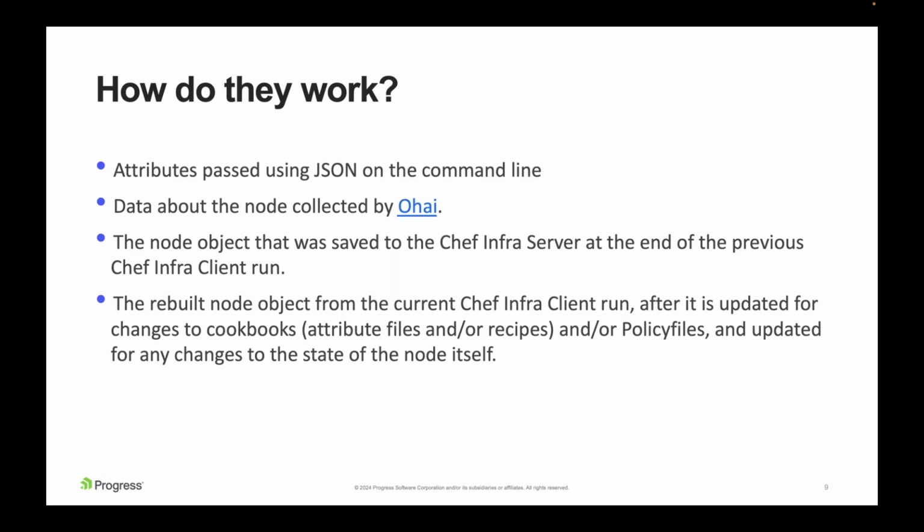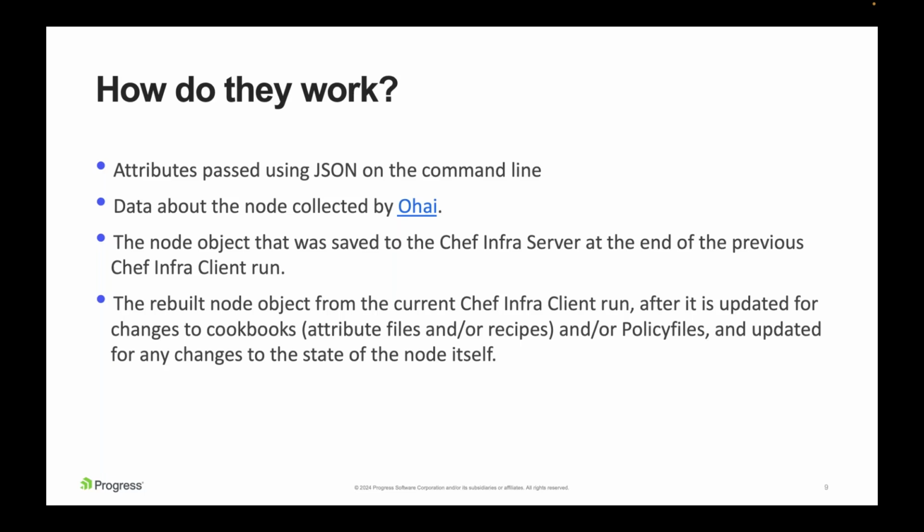And Chef Infra client runs Ohai at the start of every Chef Infra run. So every time you have a Chef Infra client run scheduled, it starts by collecting all of the information using Ohai. So that's just like a quick crash course on what Ohai was.